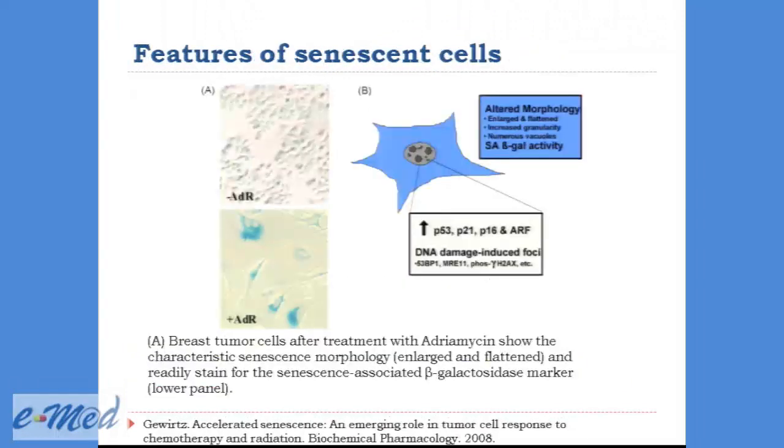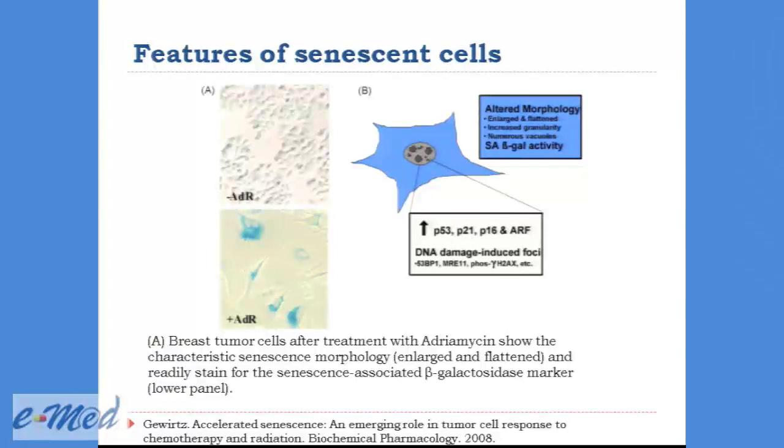Senescence, at least in vitro, is demonstrated pretty easily by overexpression of the aforementioned molecular markers and staining of beta-galactosidase, which is a typical marker of senescence, and we use it routinely in laboratory settings.